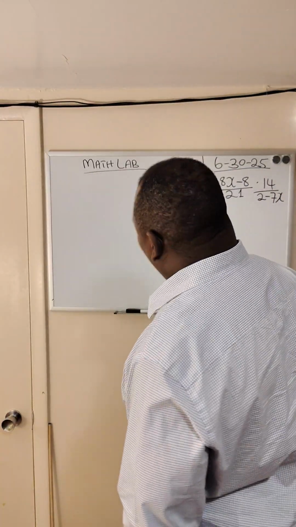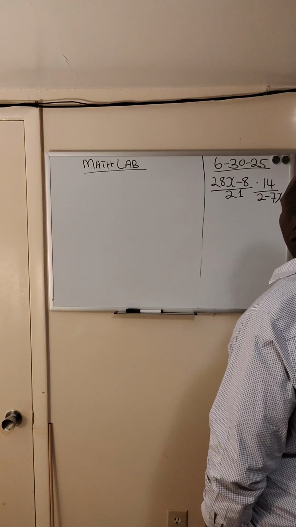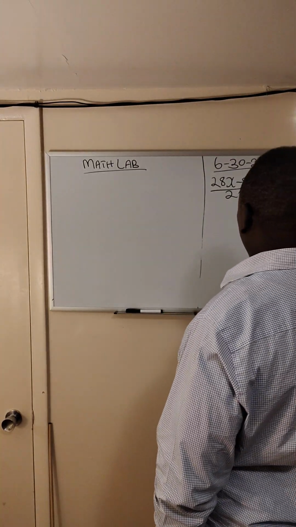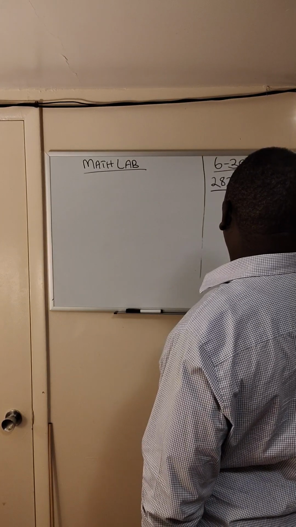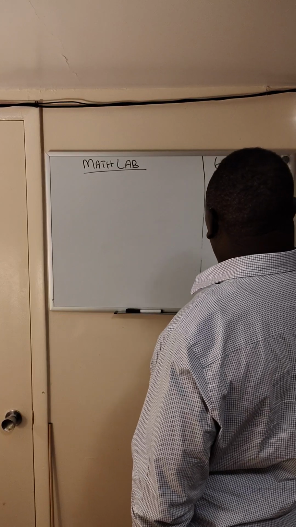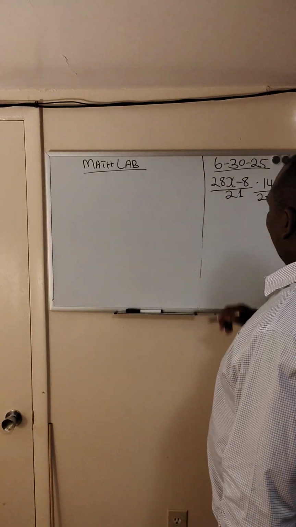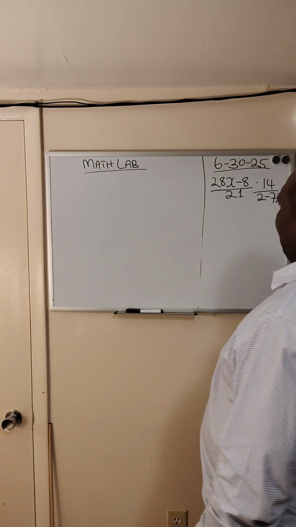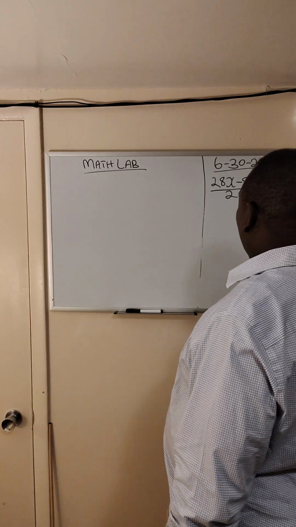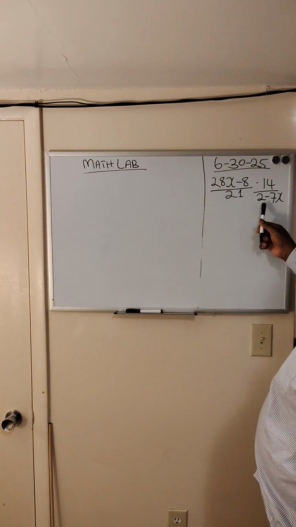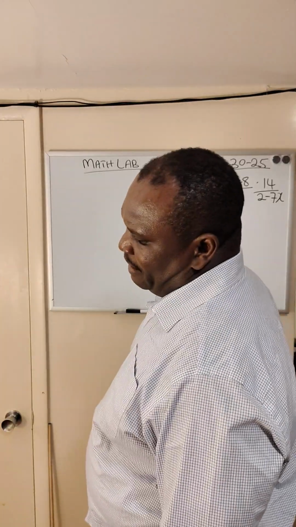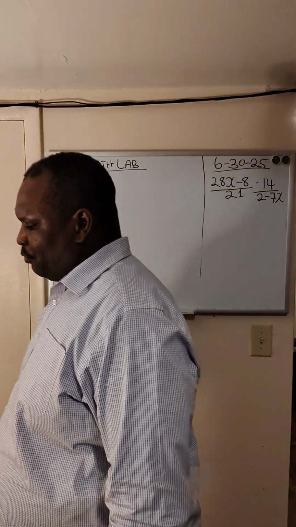We're going to find numbers that can divide both 21 and 28, and at the same time can divide 14 divided by 2 minus 7x.